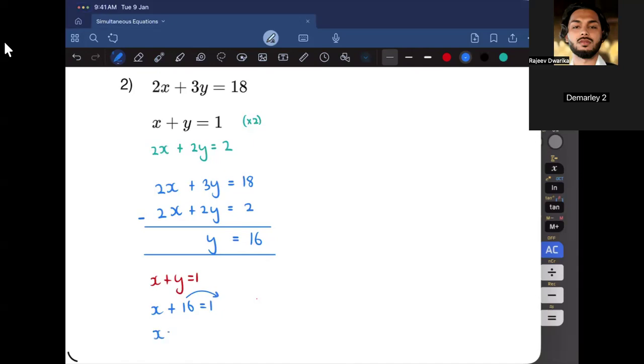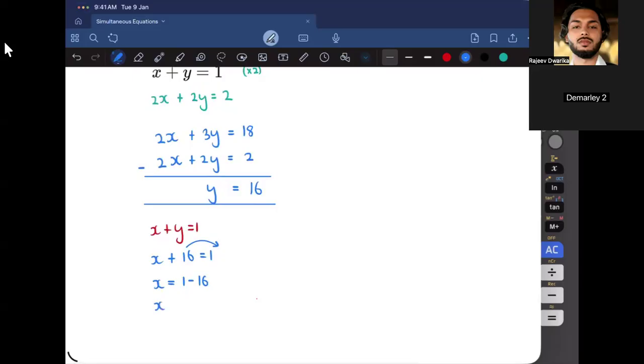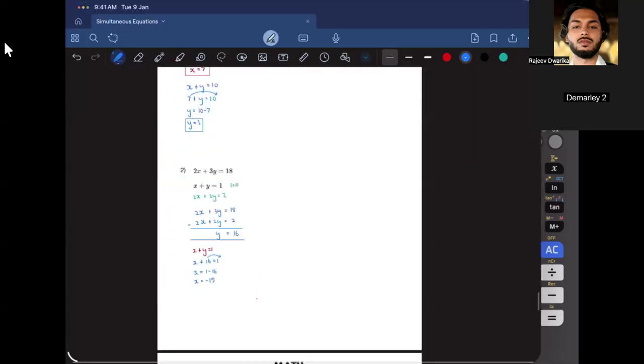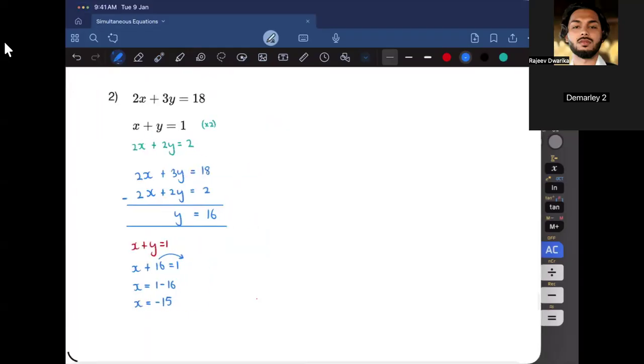And so x would be equal to 1 minus 16. Right? So x would be equal to negative 15. So yeah, those are your answers. y is equal to 16, x is equal to minus 15.